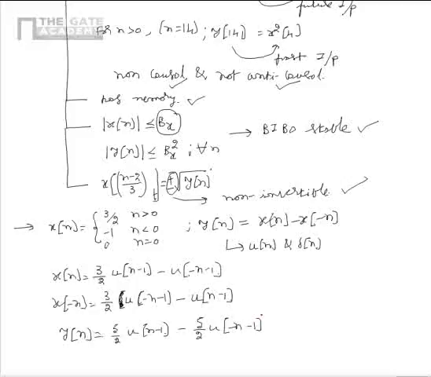So we see that the given y of n is obtained in terms of the unit step function u of n, but it's a delayed version of u of n that we used here. So y of n is written in terms of u of n minus 1 and u of minus n minus 1 as required.